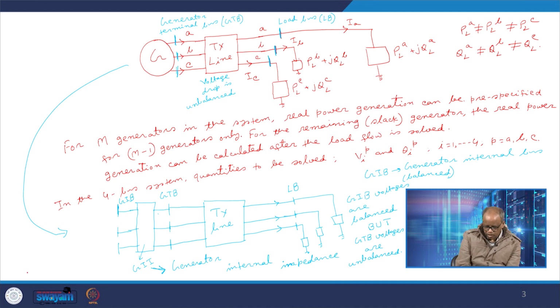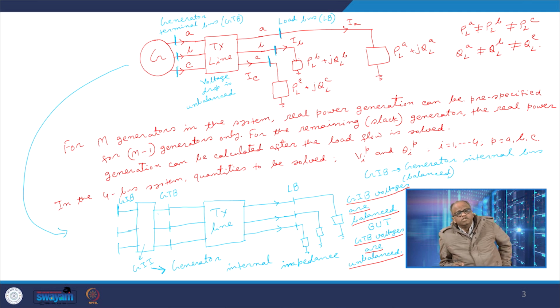Let me underline them. GTB voltages are unbalanced, but GIB voltages are balanced. Correct. So generator internal bus voltages would be balanced because every generator generates a balanced voltage inside its winding.